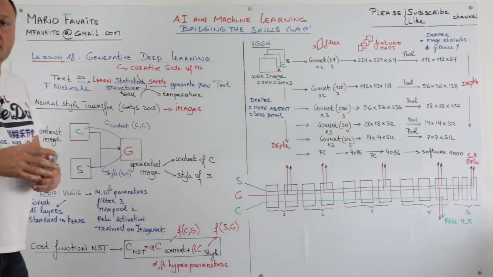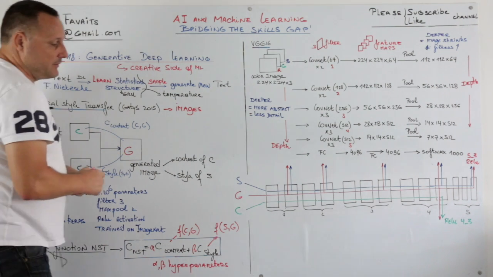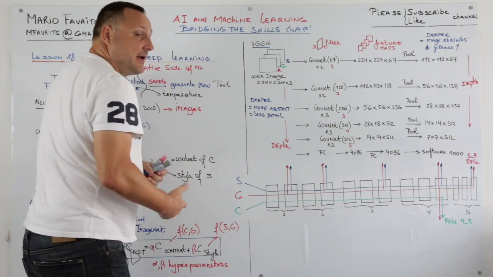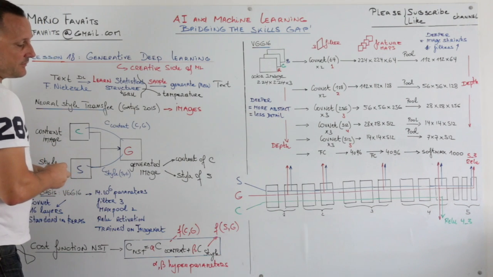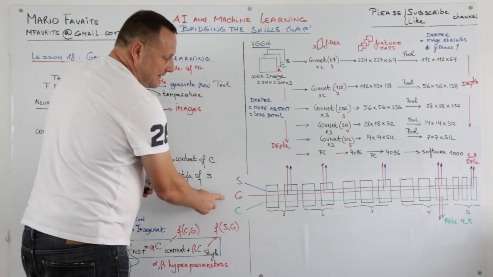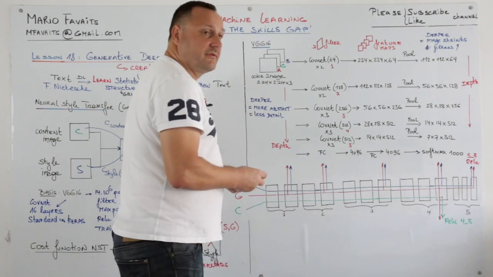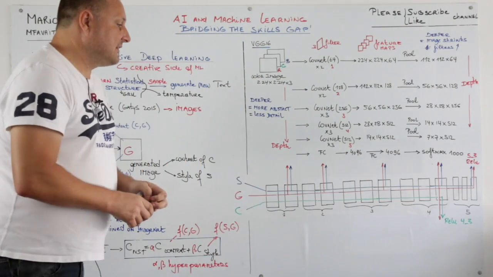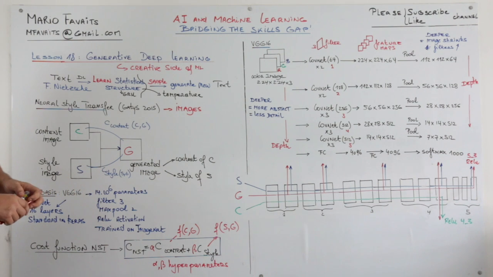If we want the style to be taken here, we will need to tap from all these ConvNet blocks, and I always took the last layer of each block. So the generated image, which is the red line, has to tap from the style outputs and also from the content output. And this will allow us to create a picture with the same content, but a different style.